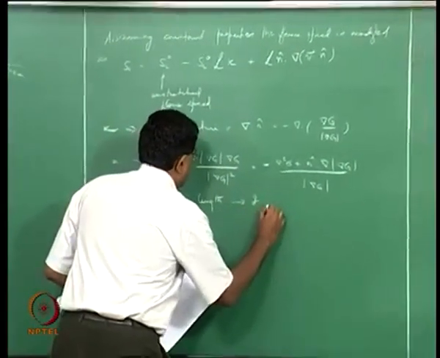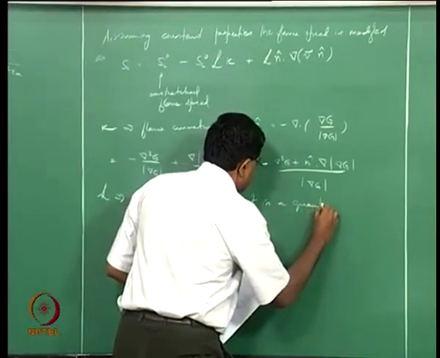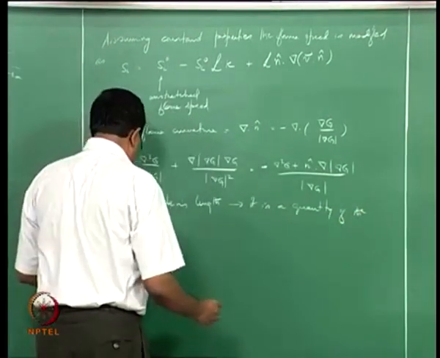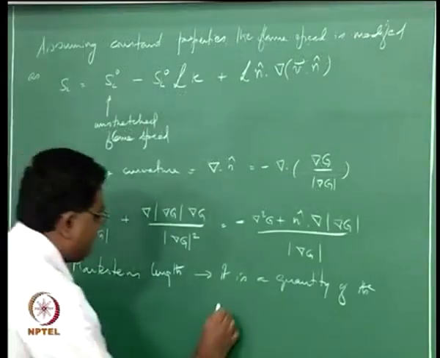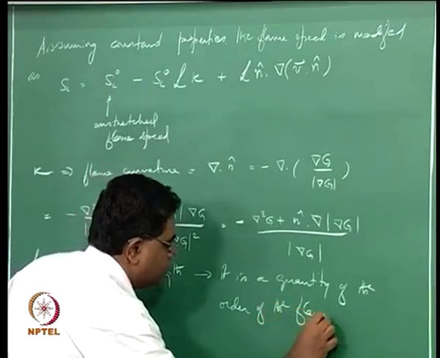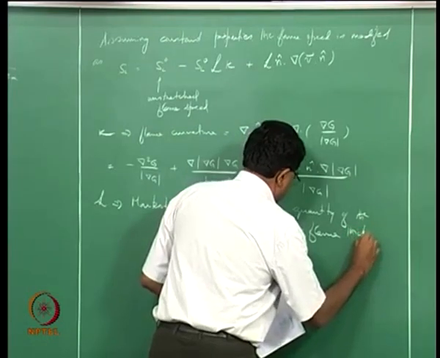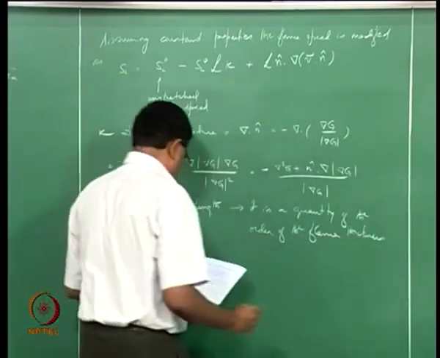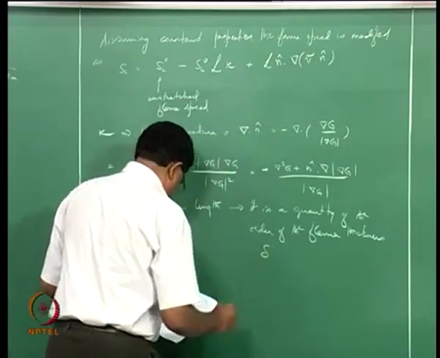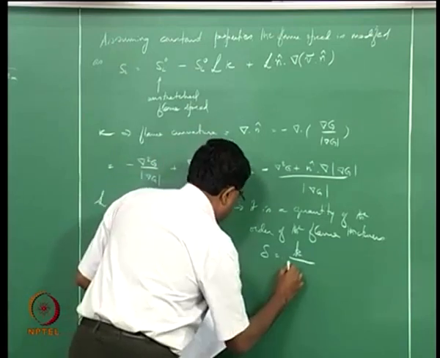So it is a quantity of the order of the flame thickness, and of course we know that the flame thickness delta depends on the flame speed.